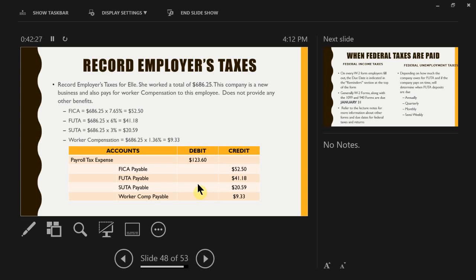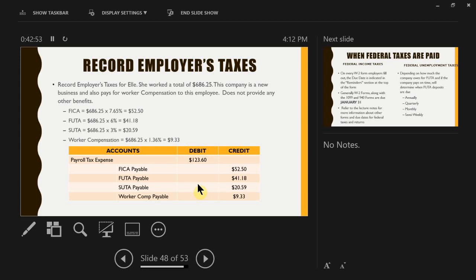In this case, for FICA, we talked about this, Social Security plus Medicare, it gives you a total of 7.65%, which comes to $52.50. Then FUTA, which we know is 6%, comes to a total of $41.18. And then SUTA, which is 3%, half of that, is $20.59.